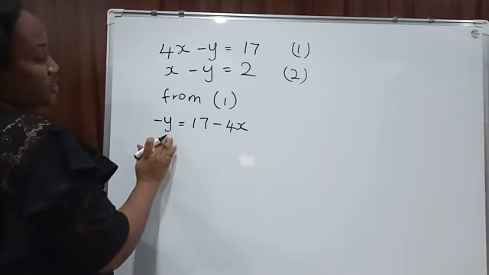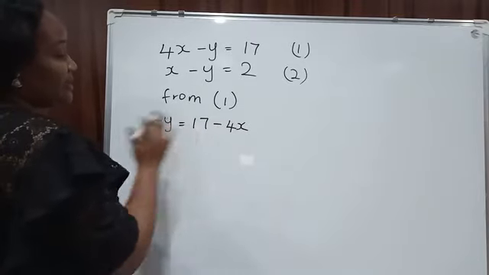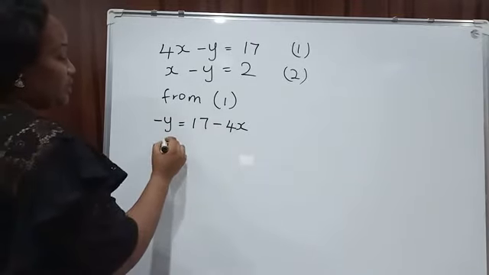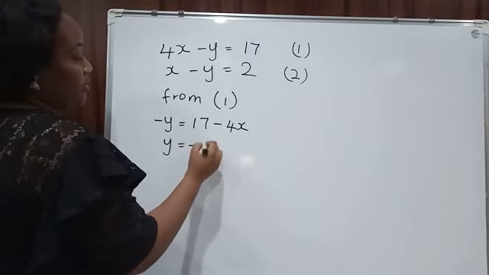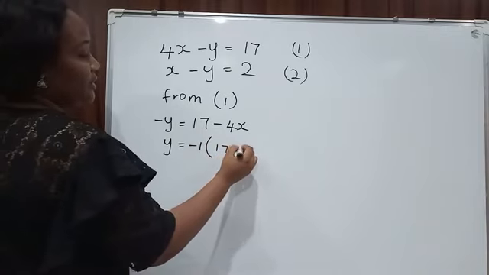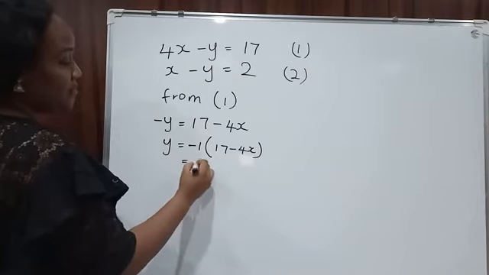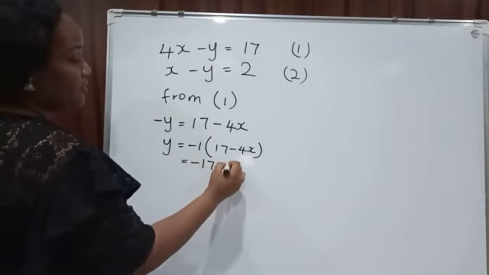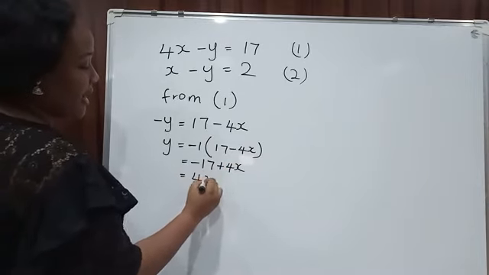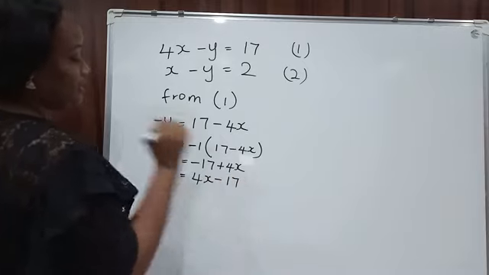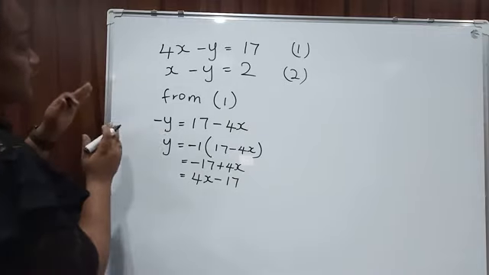But we want just y, we don't want the minus. So we multiply both sides by minus 1, which gives us y equals minus 1 bracket 17 minus 4x, which gives us minus 17 plus 4x, or 4x minus 17.